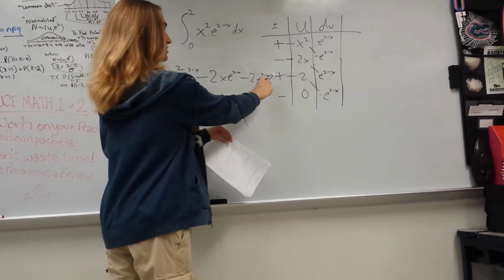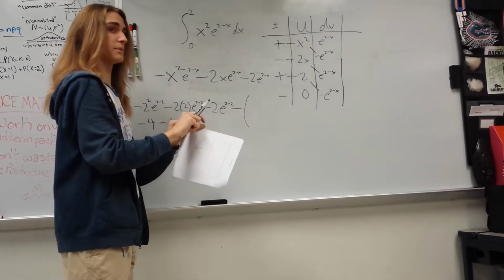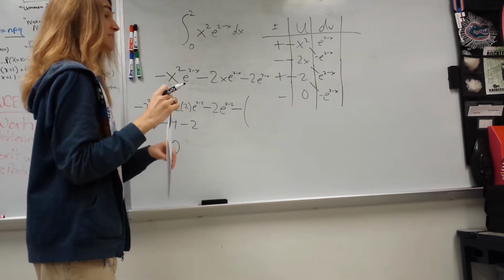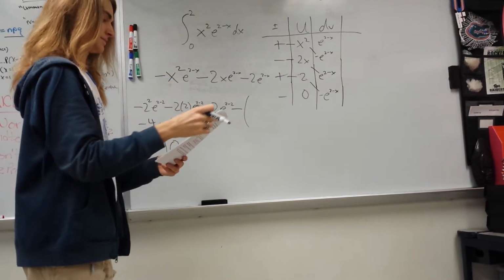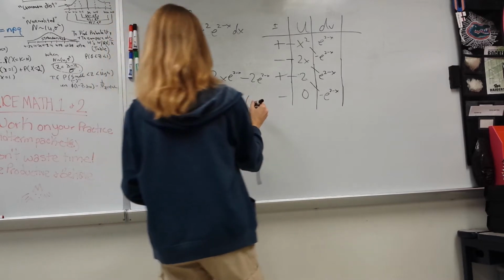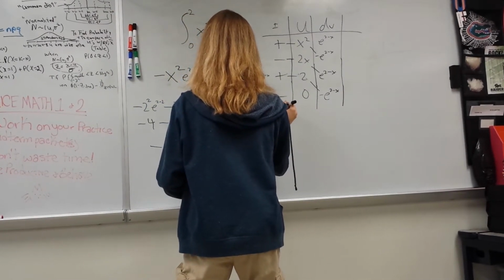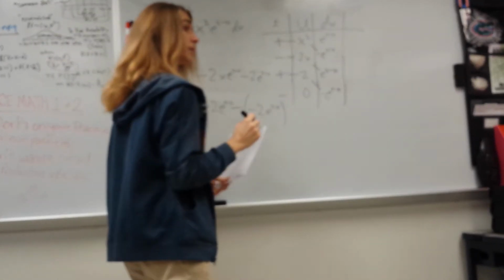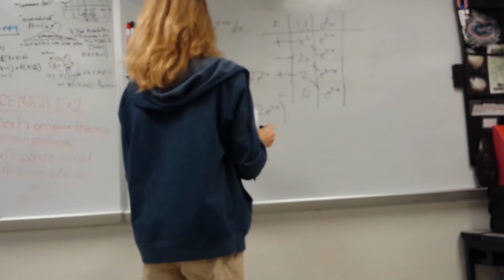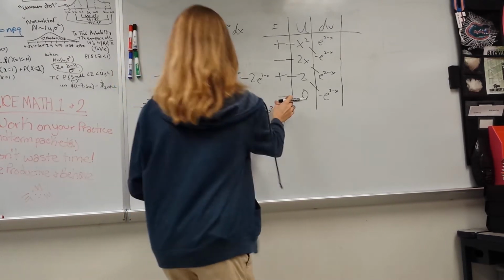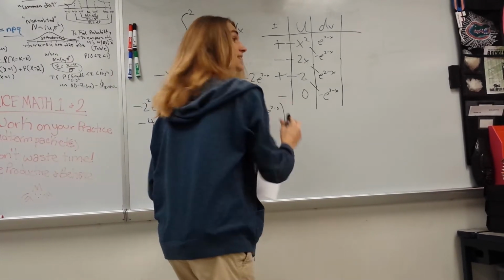It's going to be e to the 2 times negative 2. What's e to the 2? E to the 2 is 7.3891. But it says find the exact value, which means I'm just going to leave it as an e thing.